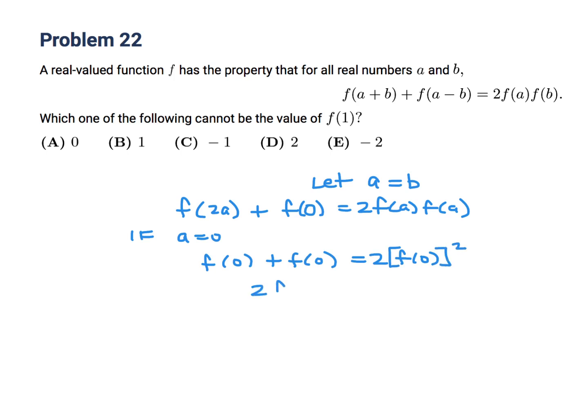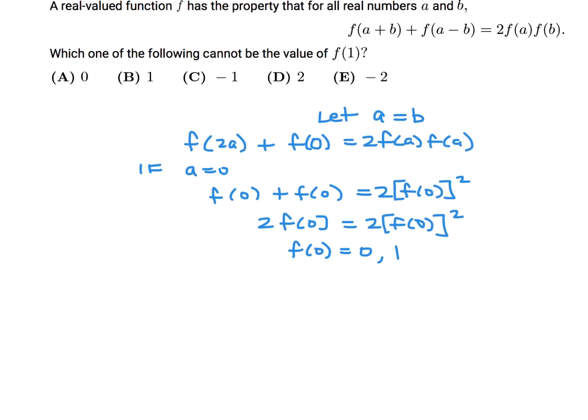So this is 2f at 0 is equal to 2f at 0 all squared. And therefore, if we solve this, f at 0 would be either 0 or 1. Correct? Yeah. Okay.